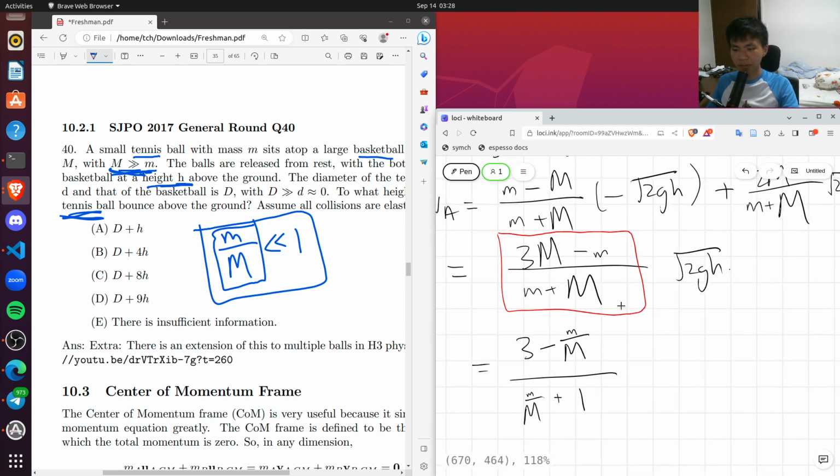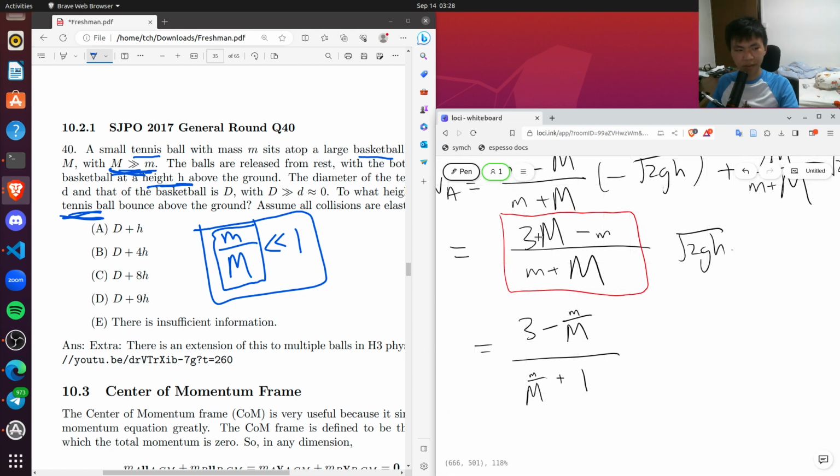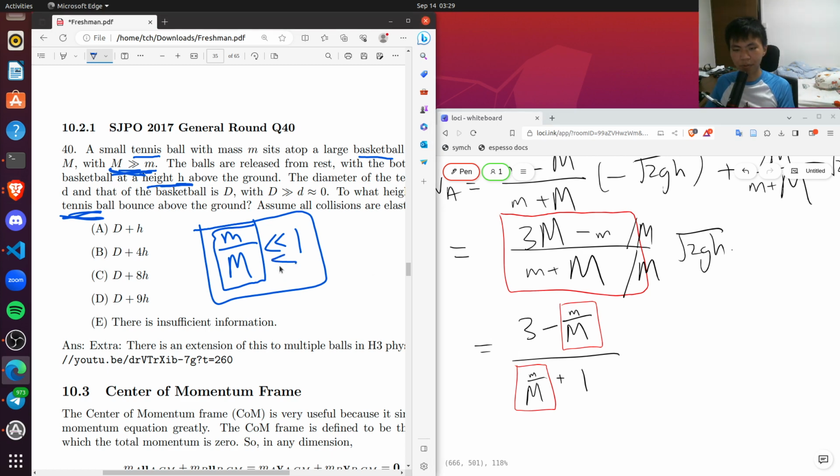Okay, so now we see that I haven't changed the value of the ratio. I just divided the numerator and denominator by big M. That's all I did. But now the only term that appears is small m over big M. Previously we had big M and small m individually, but now because we know the ratio is much less than 1, we package them together in this ratio, and now we can take the limit as it approaches 0.